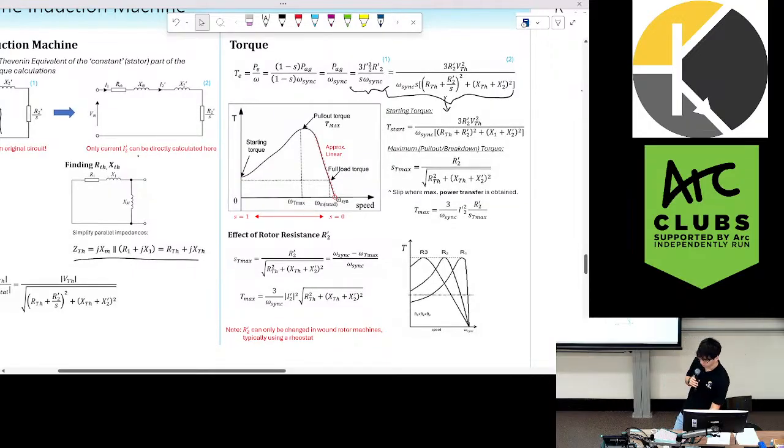Maximum torque, which is the point here, will occur when we have maximum power transfer. We have maximum power transfer when the impedance of our stator is equivalent to the impedance of our rotor.